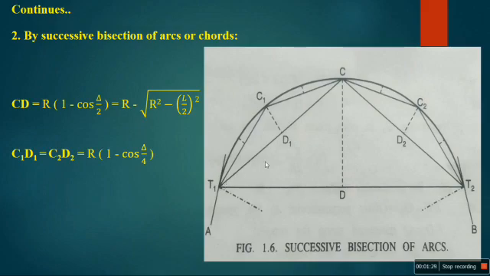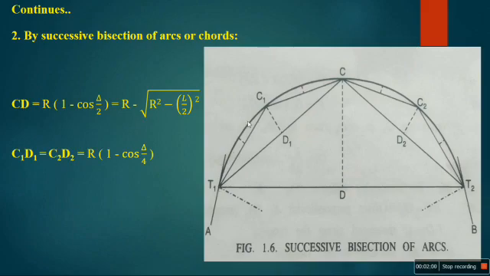Next, again we have to divide this chord, the length of the chord, into two parts. Again we have to erect a perpendicular at some length, whatever the length is calculated by this formula. Then again join T1 to C1 and C1 to C. Again divide this chord into two parts and erect a perpendicular line.